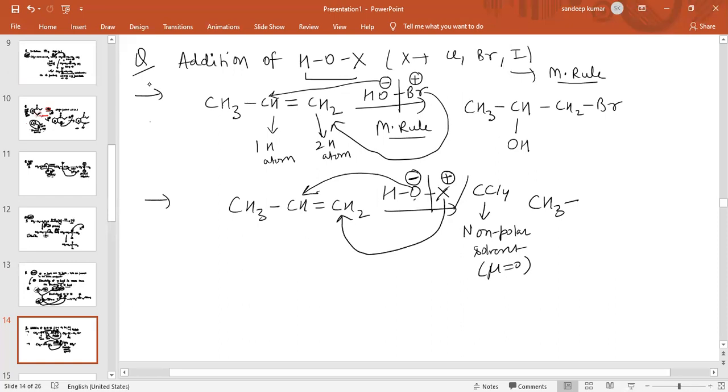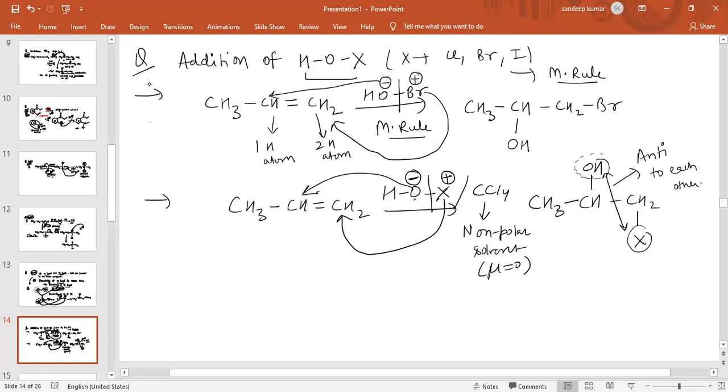So the compound formed will be CH3CHOH, this OH comes from above the plane, and this halogen will come from below the plane. So these two groups, OH and X, are anti to each other. It means they are in opposite planes.